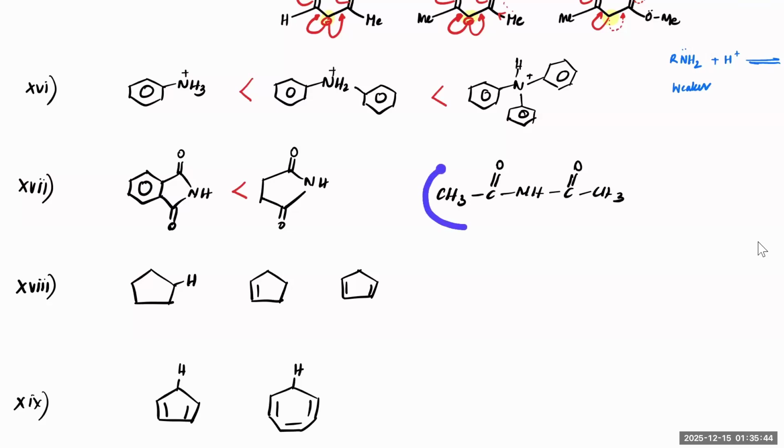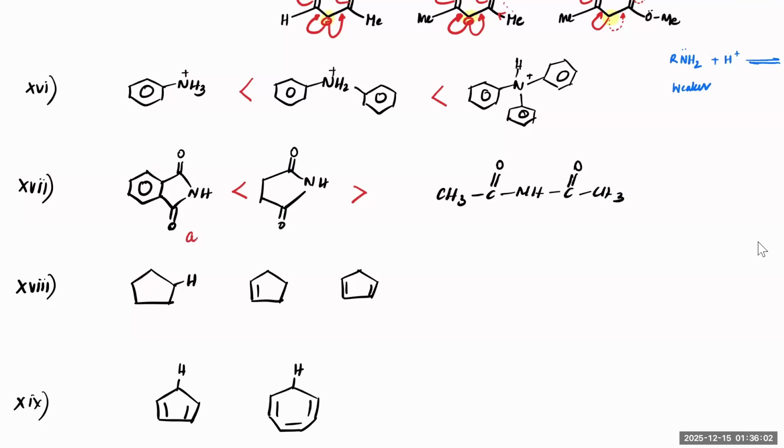And here also, in this straight chain, this methyl is donating, this methyl is donating, while here these two methyls are not donating because one group is withdrawing with respect to the other. Therefore, again, the second one is more acidic than the third one.